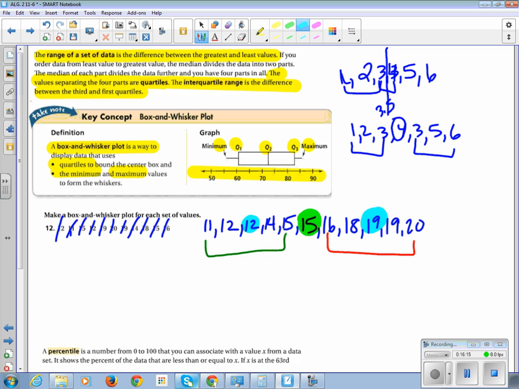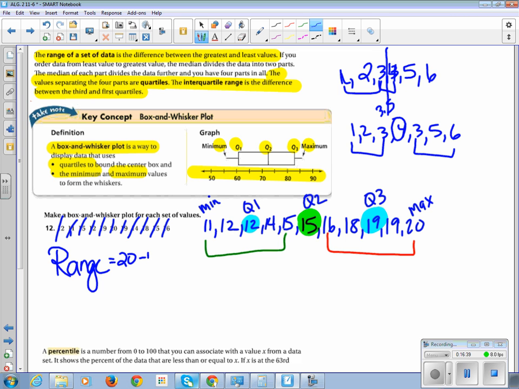So this is quartile 1, this is quartile 2, this is quartile 3, this is the min, and this is the max. My range is equal to 20 minus 11, which is 9.